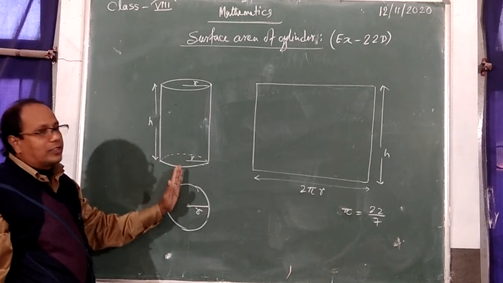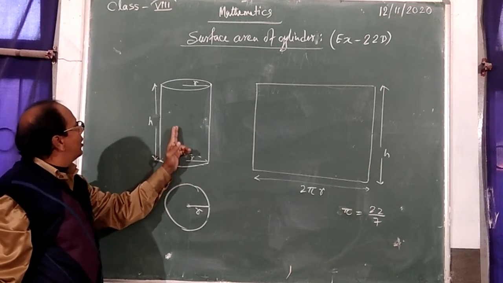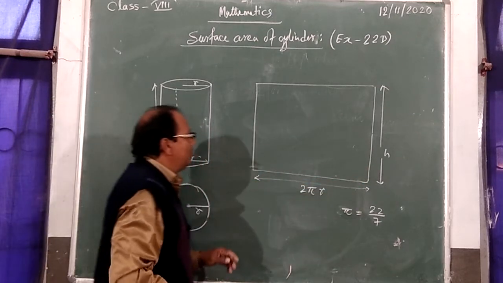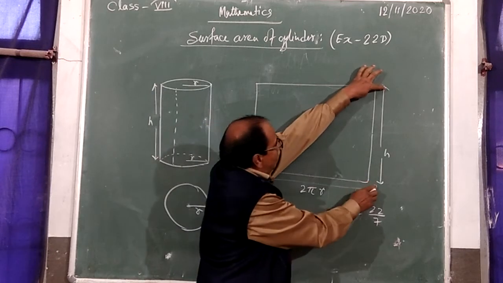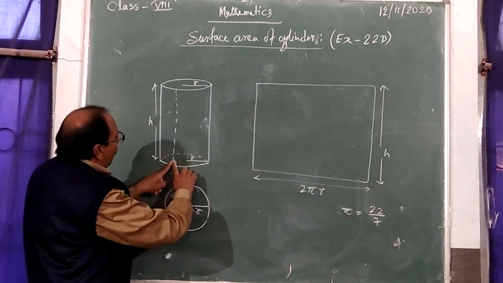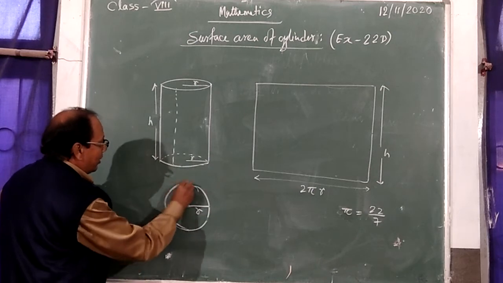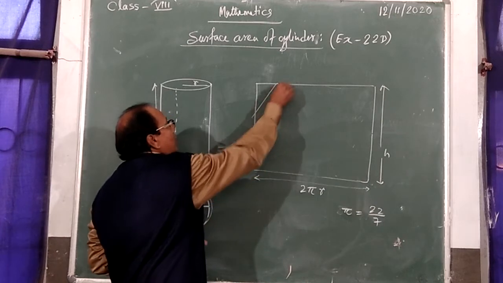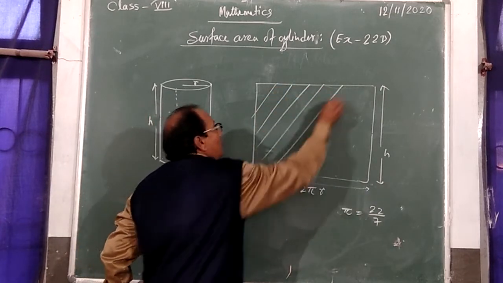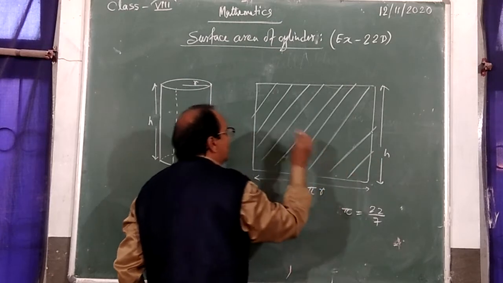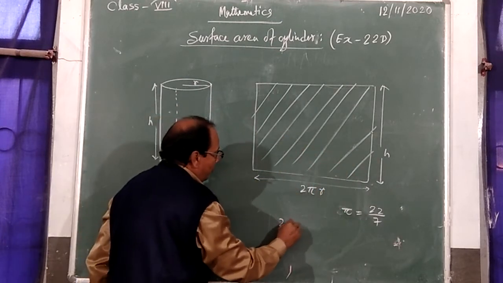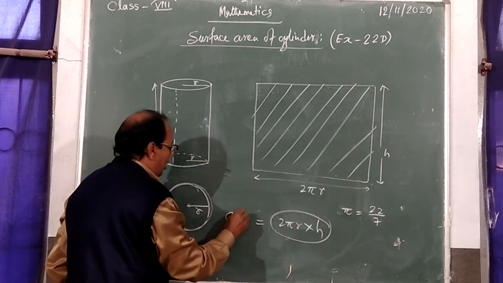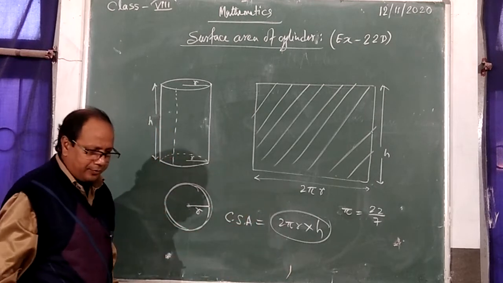Think that it is a hollow cylinder, and if you cut over here, and then if you spread, then the height seems to be here, h, and the whole circumference of this circle seems to be 2 pi r. So area of the curved surface will be the area of this rectangle, 2 pi r into h, and that is the curved surface area, right?